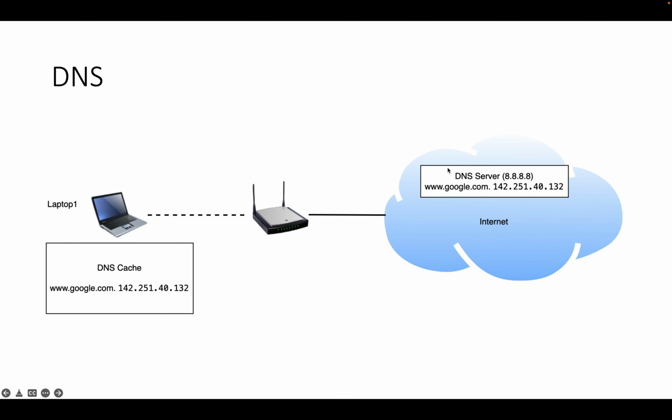And someone would have updated that the google.com domain name is behind this web server or this IP address. I don't want to get into the details of how these mappings are updated, but for understanding, assume that there is a mapping in the DNS server that this domain is behind this IP address.